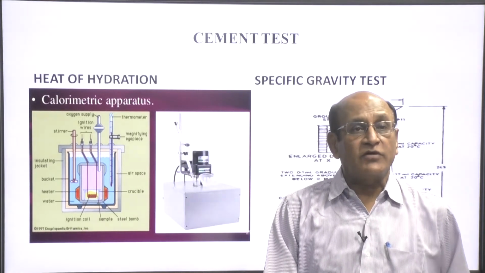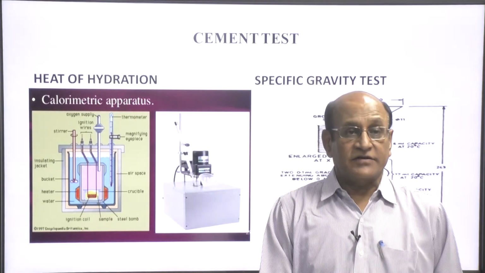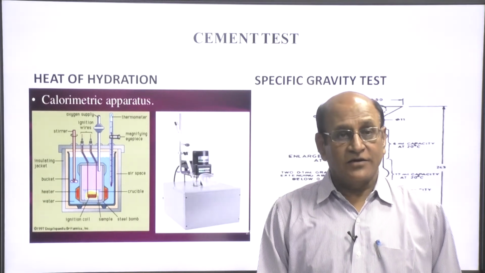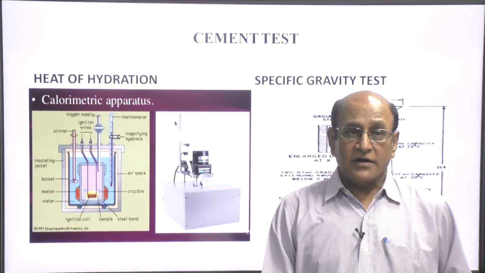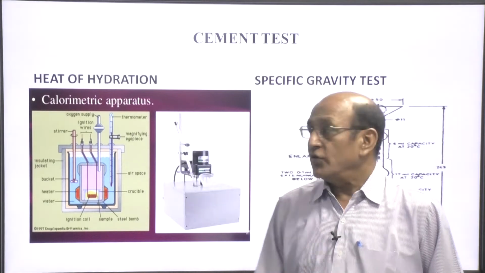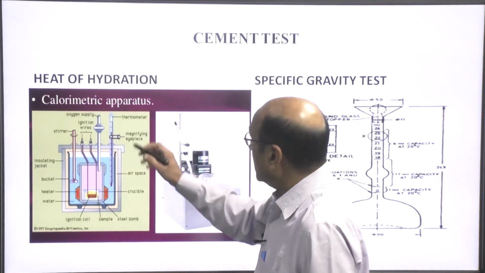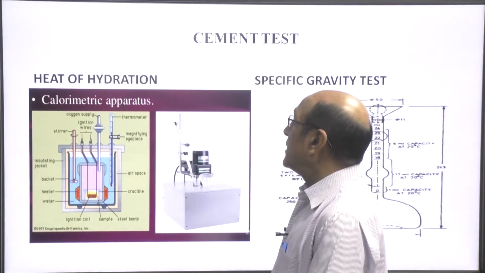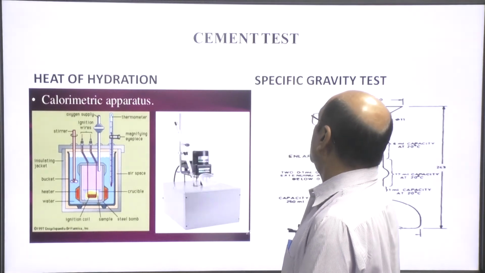Finally, we come to the conclusion of heat of hydration, because it is a very long experiment. So, we will conclude it by just showing the sample here. This is the calorimetric apparatus by which we can calculate the heat of hydration.